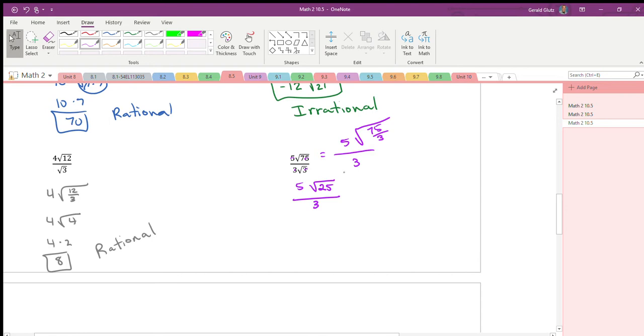Square root of 25 is equal to 5. So I'll have 5 times 5 divided by 3, which is 25 divided by 3. So this is a fraction with only whole numbers on the numerator and denominator, so this would be rational.